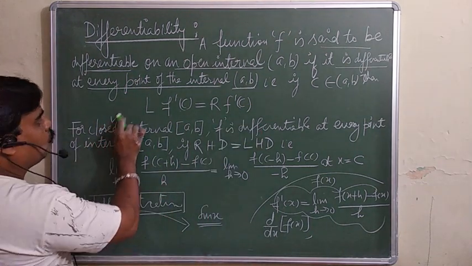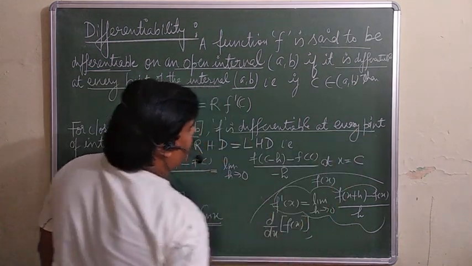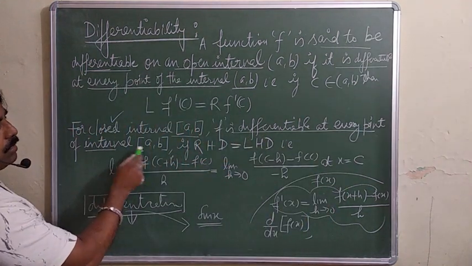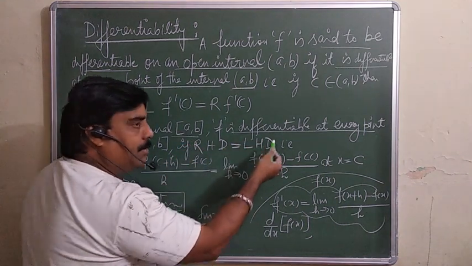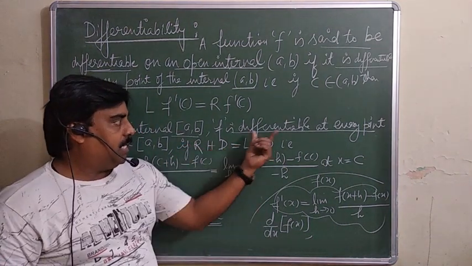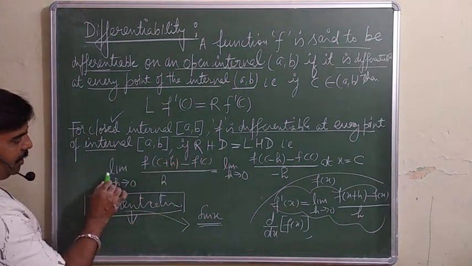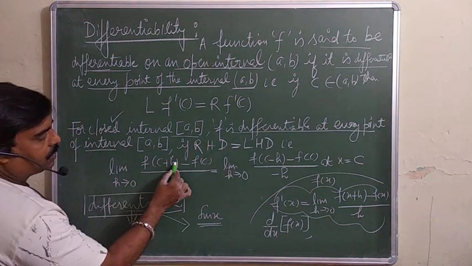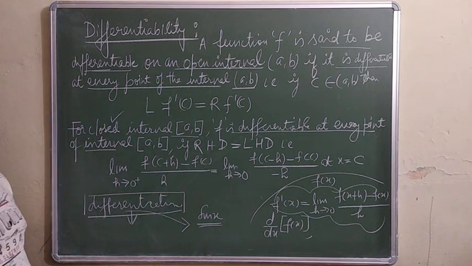And if it is a closed interval [a, b], then f will be differentiable at every point of the closed interval if the right hand derivative and the left hand derivative are equal. The right hand derivative we write as limit h tends to 0 of f c plus h minus f c over h. Sometimes we put a plus sign here.